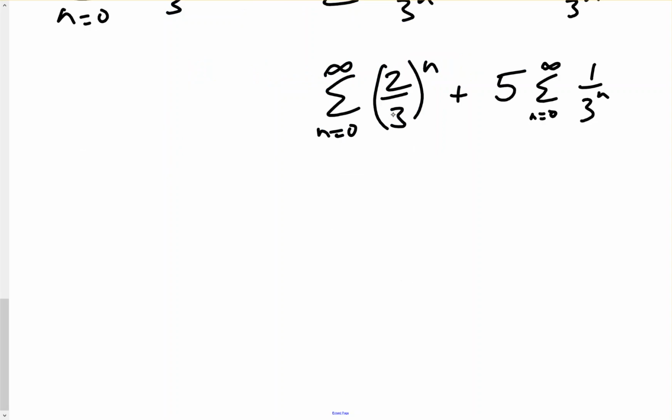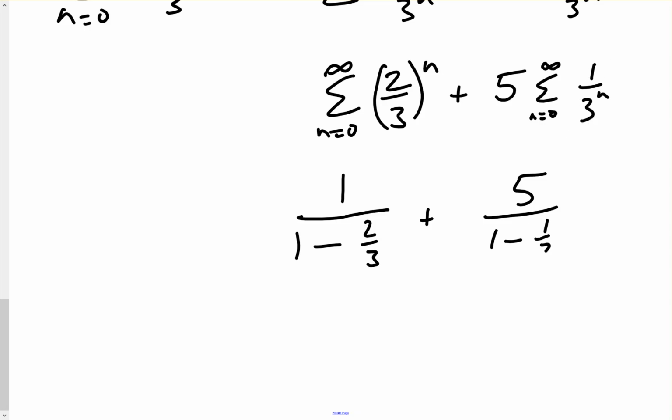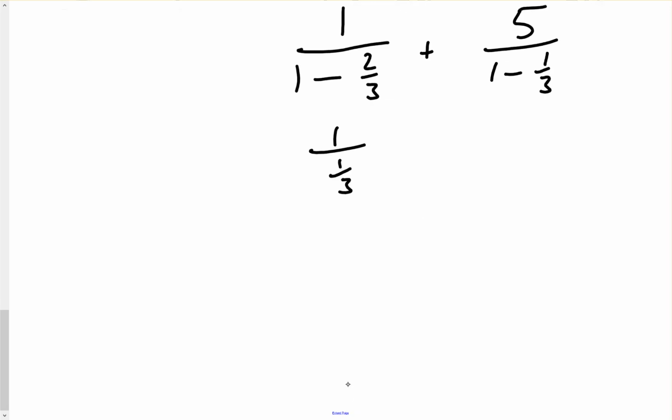My first term in this one will be 1. So I have 1 over 1 minus my common ratio of 2/3. And then in this one, when n is 0, I get 5 times 1. So my first term is 5 over 1 minus, and my common ratio here is 1/3. Okay, so I have 1 over 1 minus 2/3 would be 1/3. So 1 divided by 1/3 is 3.